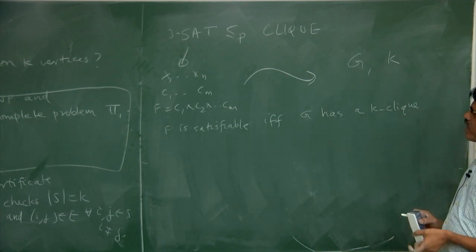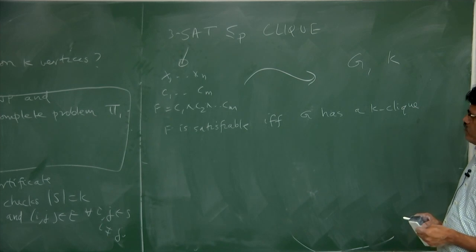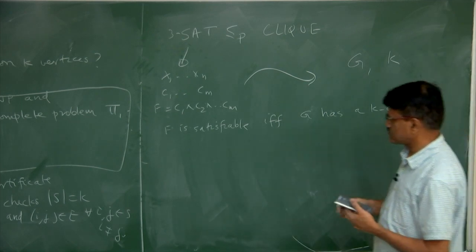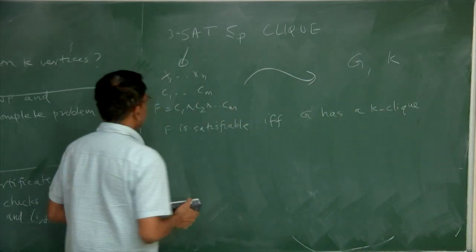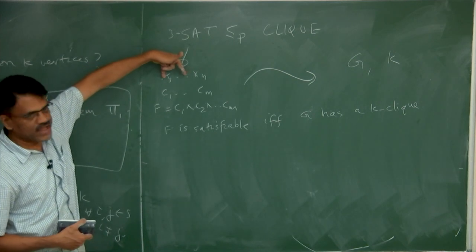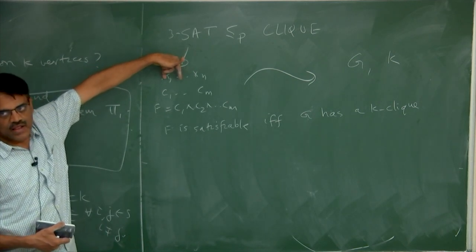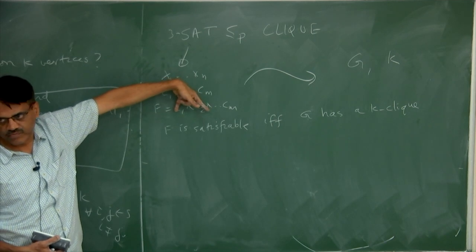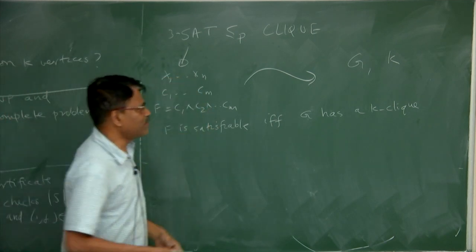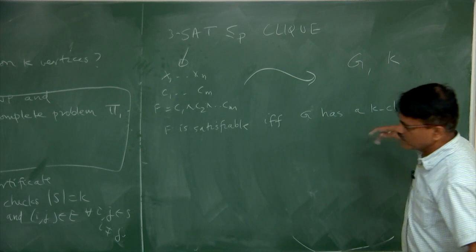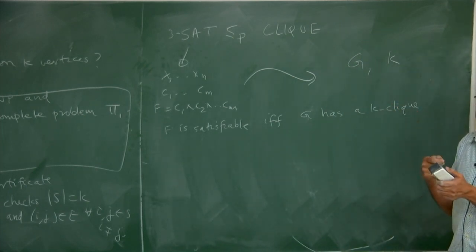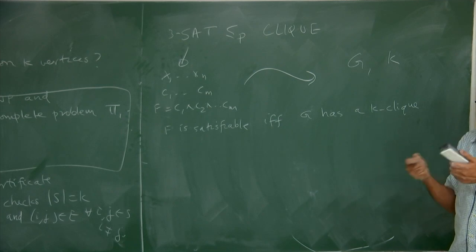So how do I view this? Here is the connection. What I am looking for is some assignment to the variables that will simultaneously satisfy all the clauses. And here what I am looking for is a subset of vertices that are simultaneously mutually pairwise adjacent.